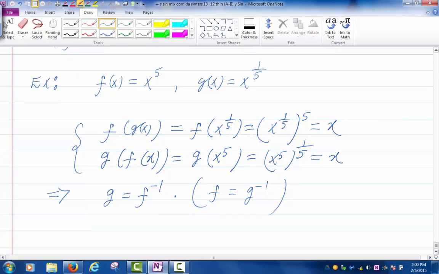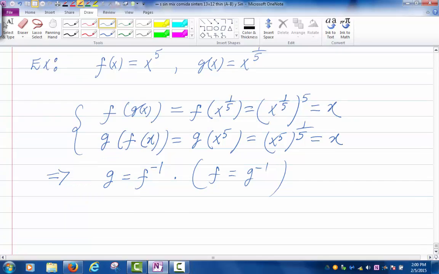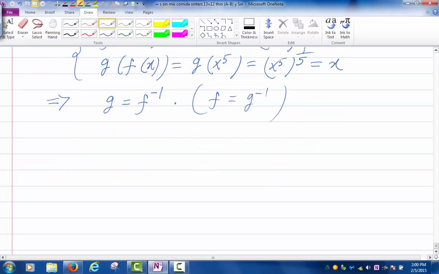All right, let me do another example on finding, given a formula for the function f, the formula for the inverse function.